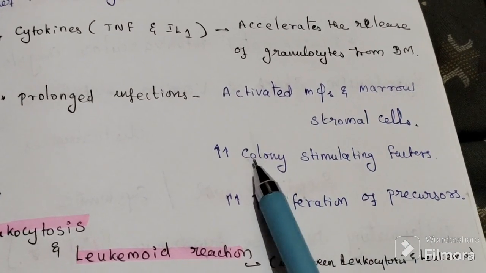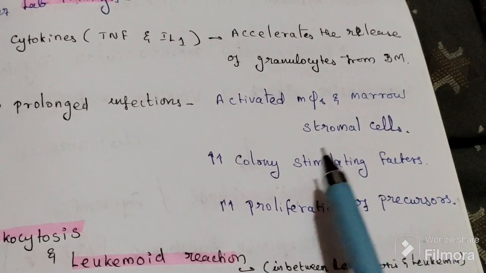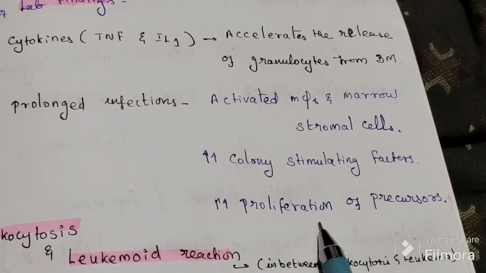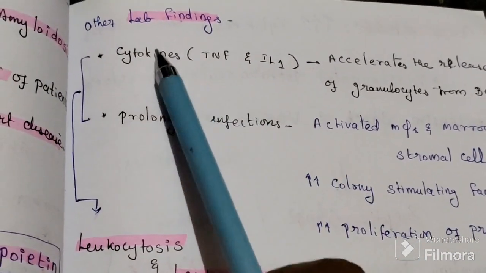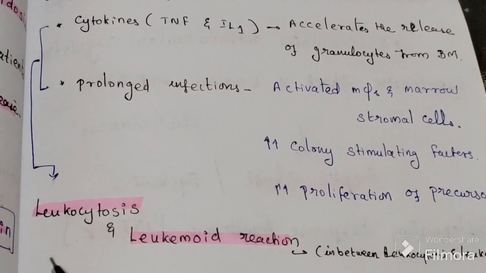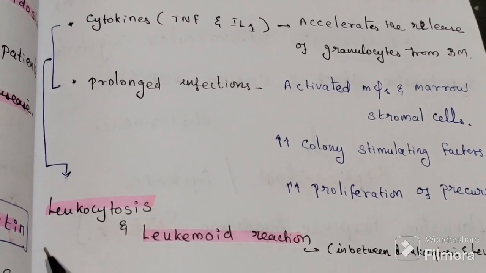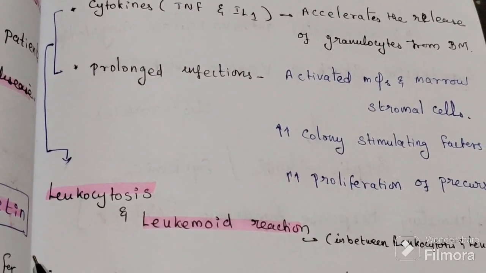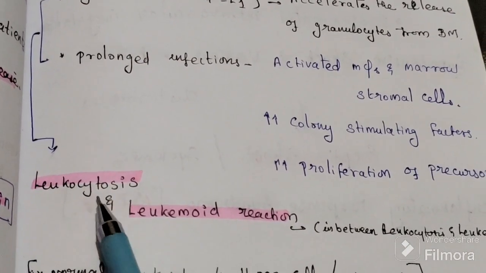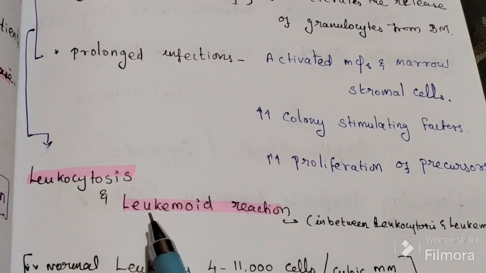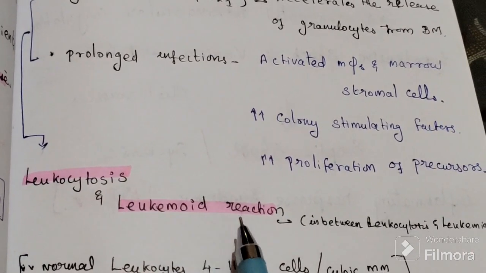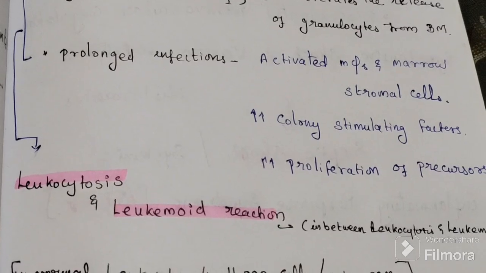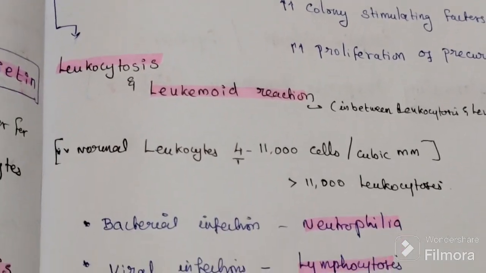This one increases colony stimulating factor as well as proliferation of precursors. The combined effect of these two things is manifested as leukocytosis and leukemoid reactions.